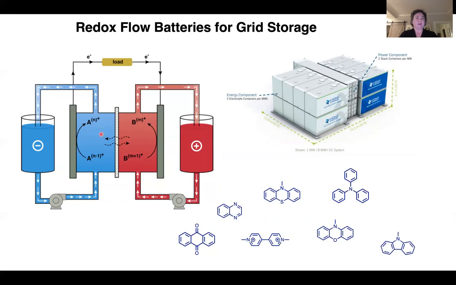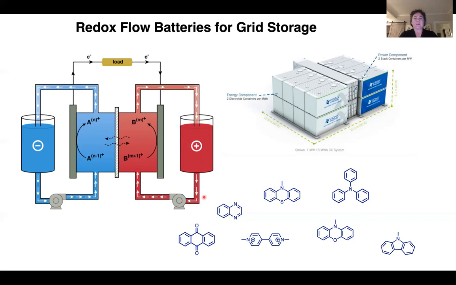As the battery works, we have a balance of charge by passing electrolyte ions through a membrane that separates these two liquids. When you discharge this system, the reverse occurs. Instead of a load being applied to the battery, you're releasing the energy.